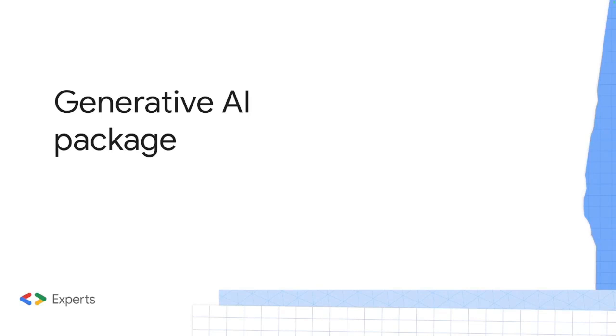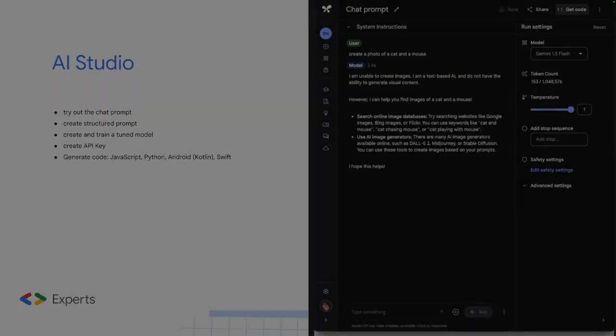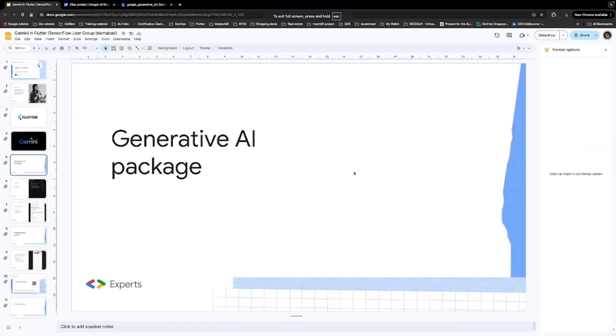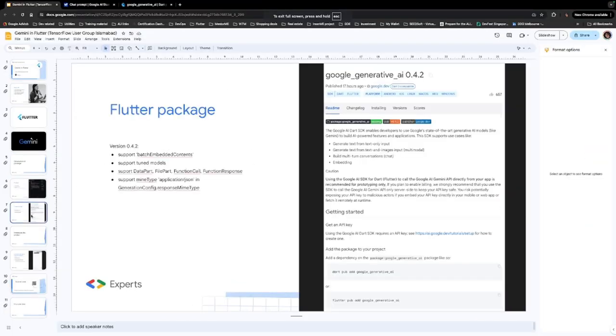Now, in order to integrate Gemini into Flutter, we will need a plugin. And luckily for us, Google already provides us with a plugin. The plugin name is Generative AI Package.